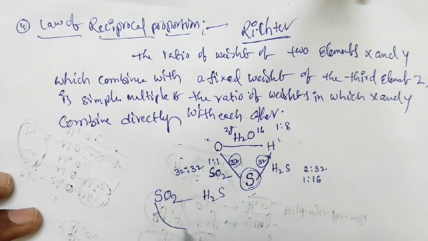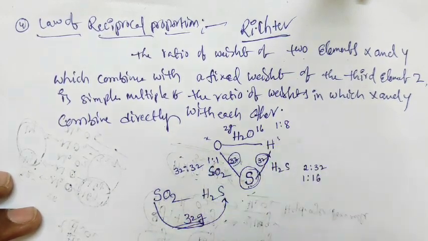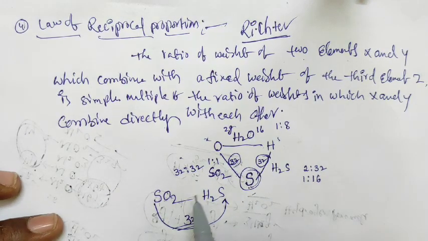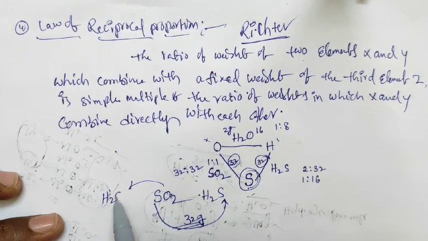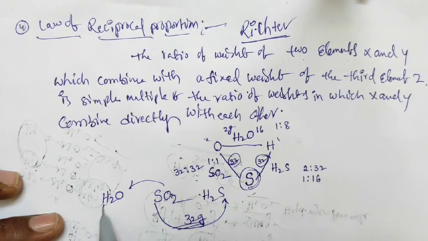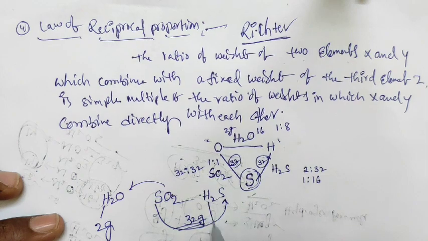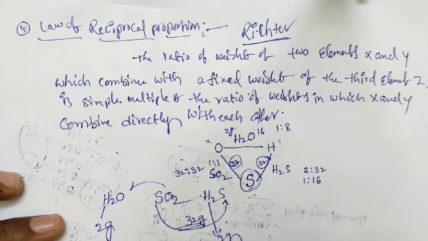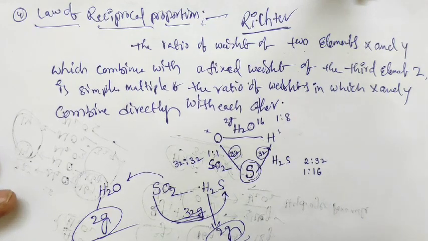So here S and here S weigh only 32 grams. When oxygen and hydrogen combine, we get H2O, where the hydrogen weight is 2 grams, the same as before. So this is the law of reciprocal proportion.